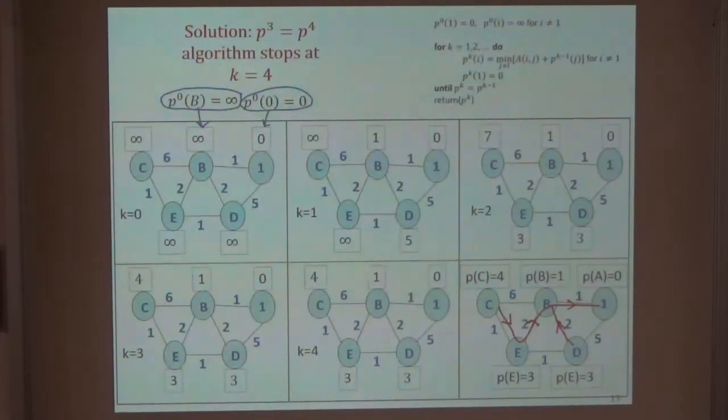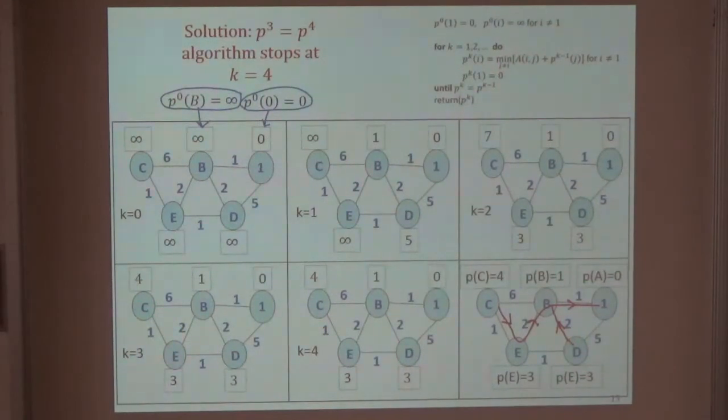How could you interpret them? It is the cost of going to 1 in 1 hop. We see that for node B and D, the cost of going to the destination in 1 hop is 1 and 5. For C and E, the cost is infinite. They cannot go to 1 in 1 hop.